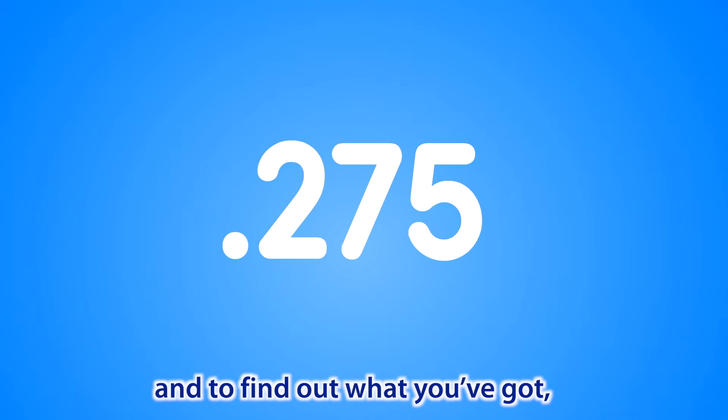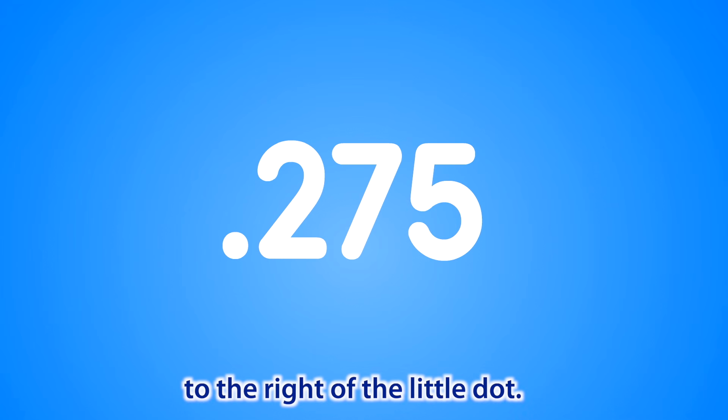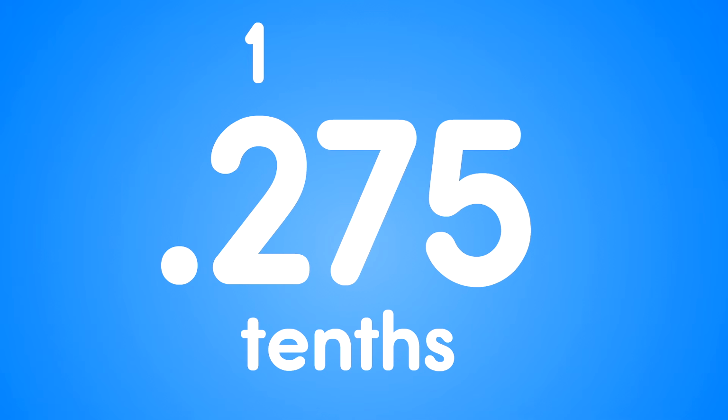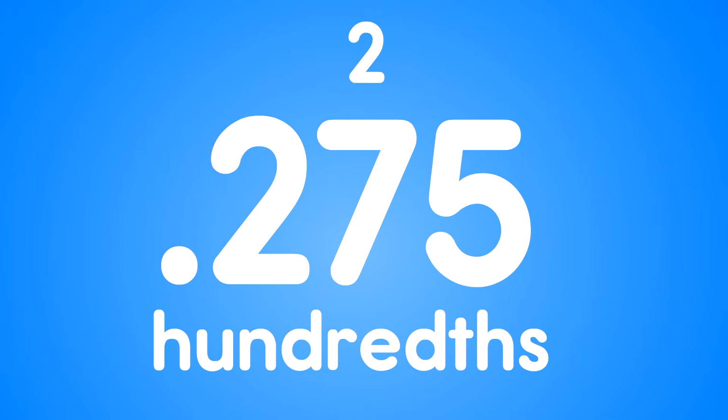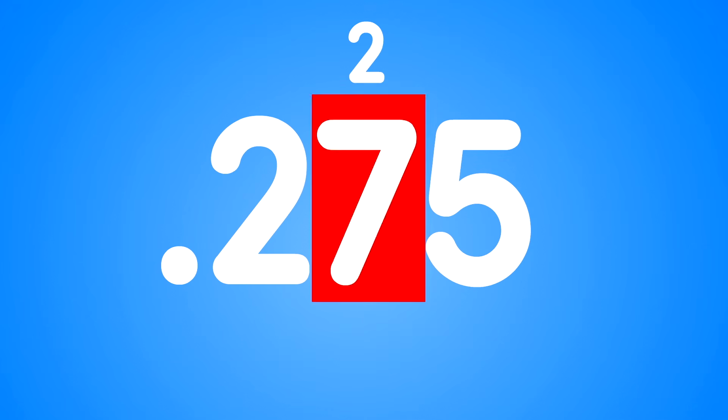A decimal is a fraction. And to find out what you've got, count the number of places to the right of the little dot. 1/10, 2 hundredths, 3 thousandths.